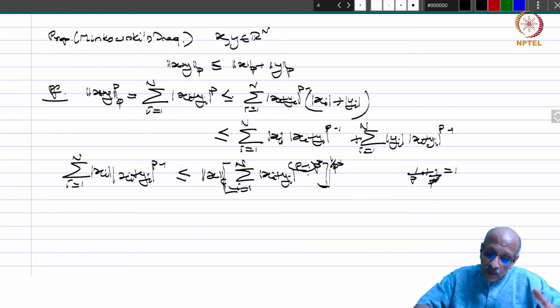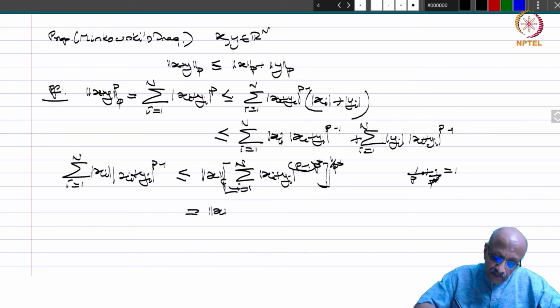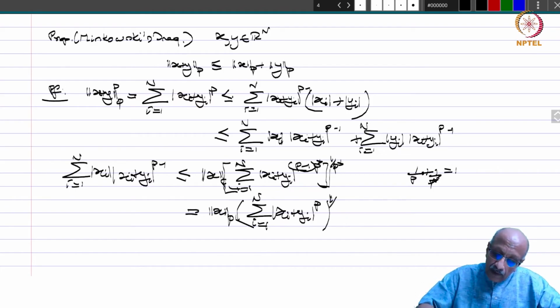So (p minus 1) into p* is nothing but p again, and therefore this will be equal to norm x_p into sigma i equals 1 to n |xi plus yi|^p, whole power 1 by p*.